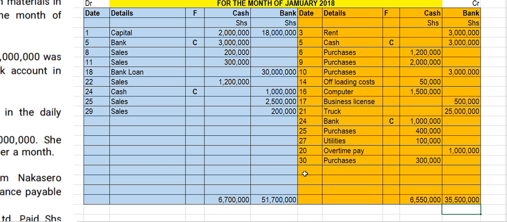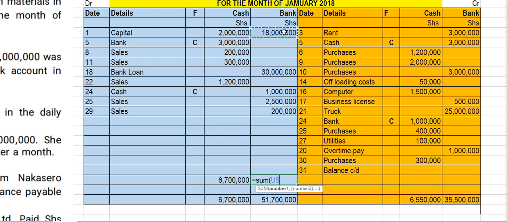So what I'll do at the end of the month, that is 31st, I'll say balance carried down. So I have to get the balance carried down. You can confirm them, and then my bank will also be this, greater than the credit.